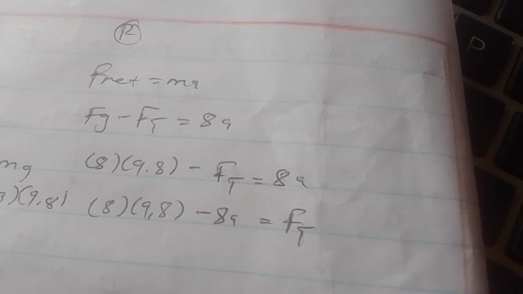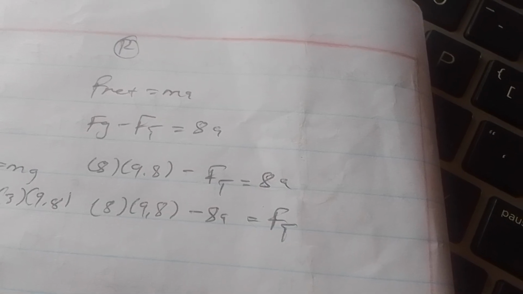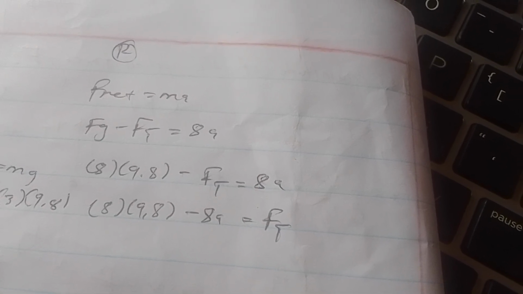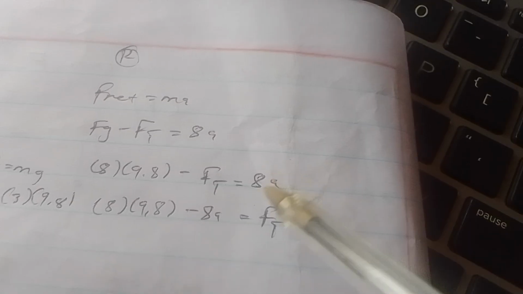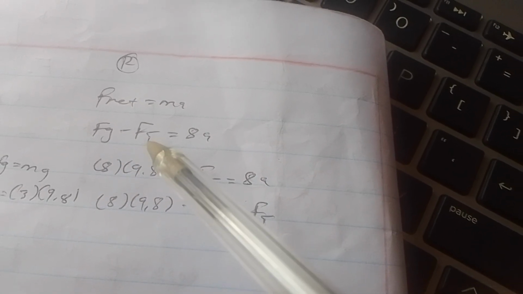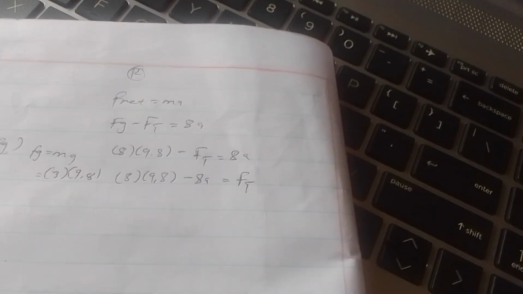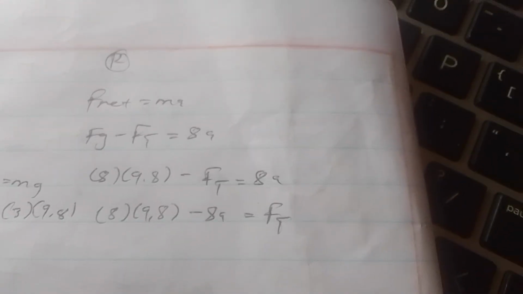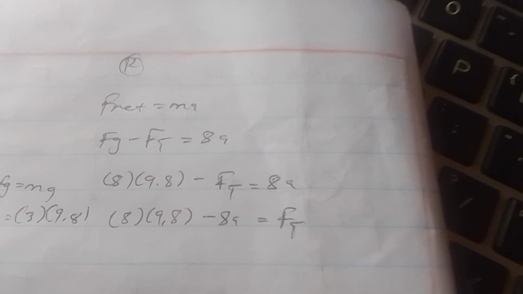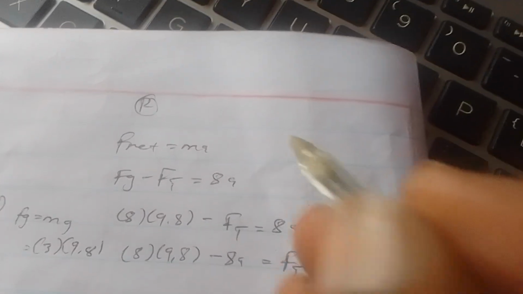We're working with the horizontal forces, don't forget that. So Fg minus Ft is equal to 8a. Fg is positive, then Ft is negative. Don't forget that our overall direction is to the right, so whichever force is opposing the motion is negative. Don't forget the head-to-tail thing.